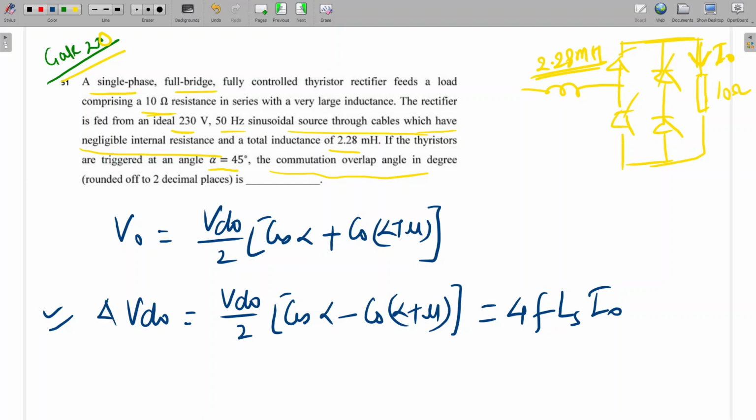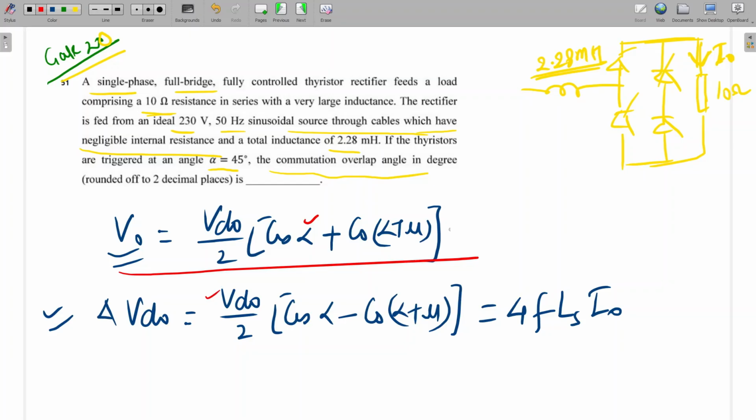So what will be the I0 value? Can anyone tell? I0 will be V0 by R. So this one we can put here. Okay. See, these two equations are there. So based on this only we can, alpha information we have. Vd0 information we have.